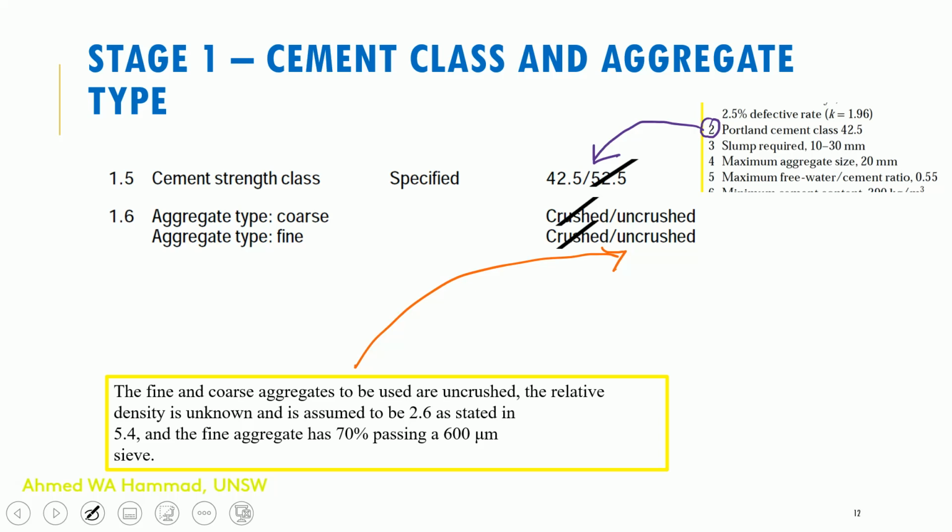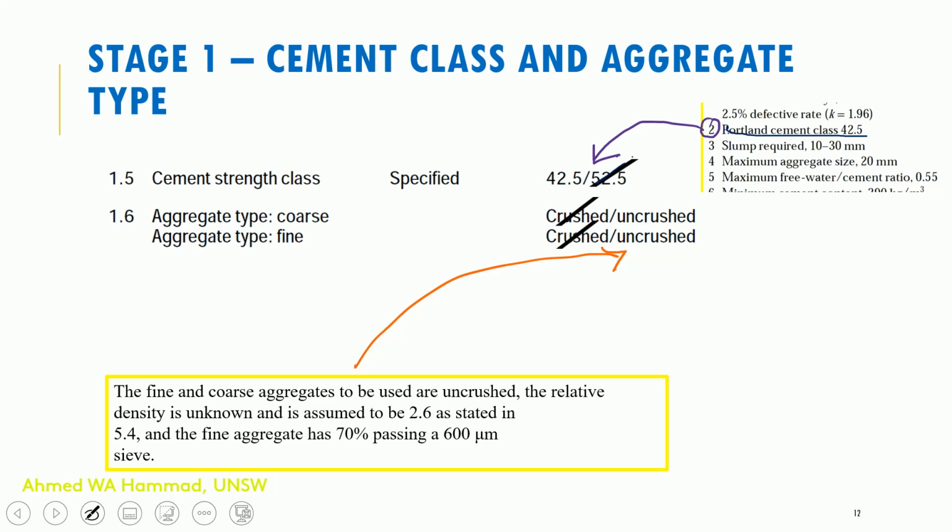Moving on to step 1.5. Step 1.5 requires us to specify the cement strength class. Now this was given to us in the question. You can see that on the right hand side. So number 2, the Portland cement class 42.5. So we cross out the 52.5.